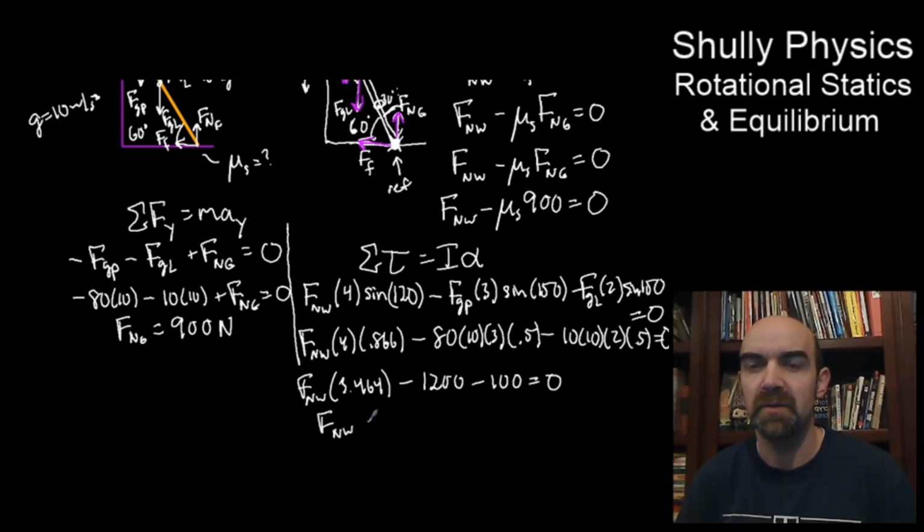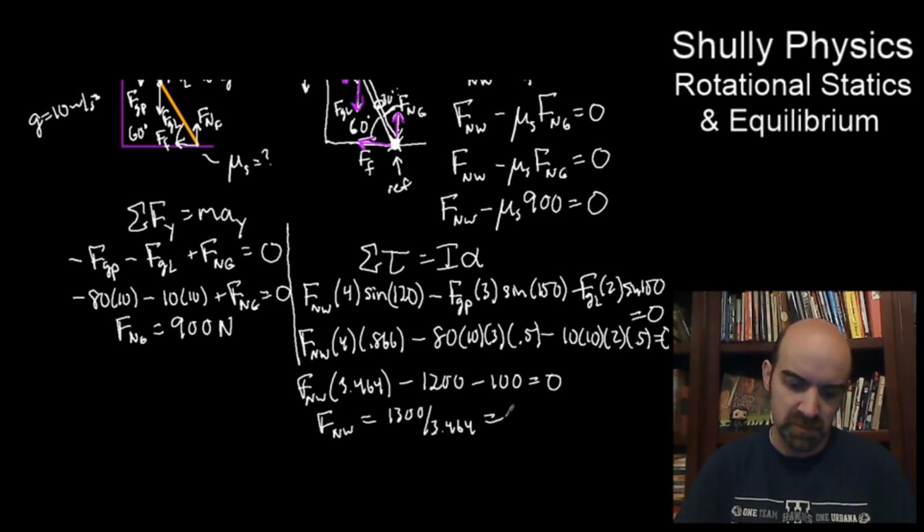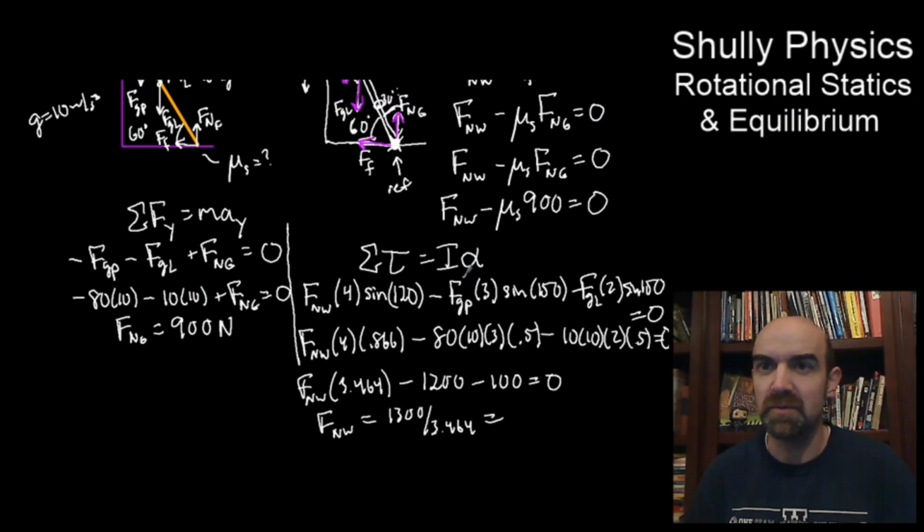And look at that. Normal force in the wall is equal to 1,300 divided by 3.464, which is 375 newtons.